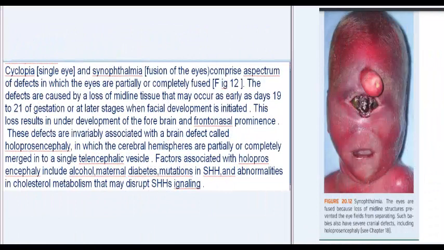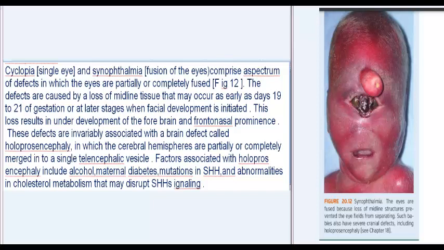Cyclopia, single eye, and synophthalmia, fusion of the eyes, comprise a spectrum of defects in which the eyes are partially or completely fused, Fig. 12. The defects are caused by a loss of midline tissue that may occur as early as days 19 to 21 of gestation or at later stages when facial development is initiated. This loss results in underdevelopment of the forebrain and frontonasal prominence.